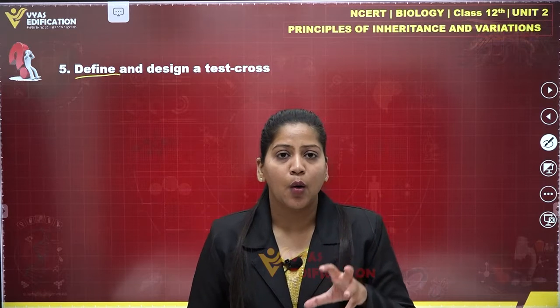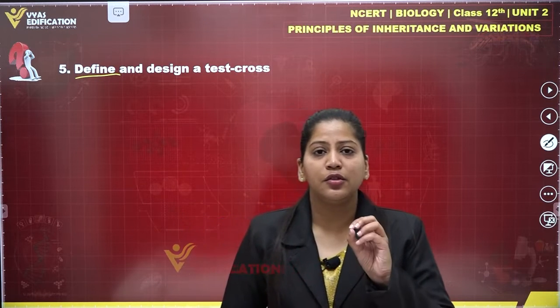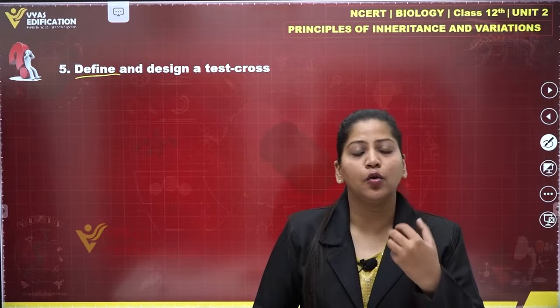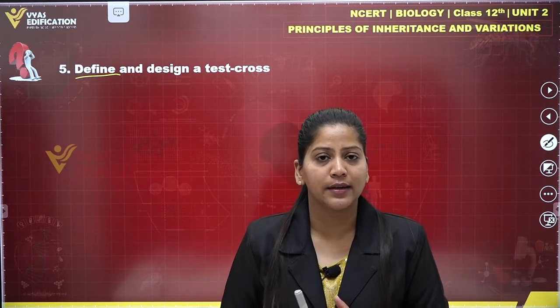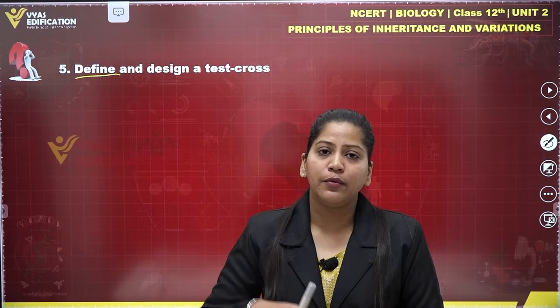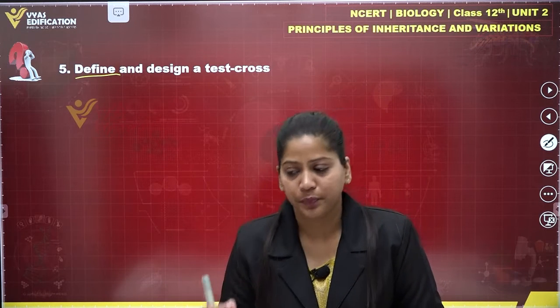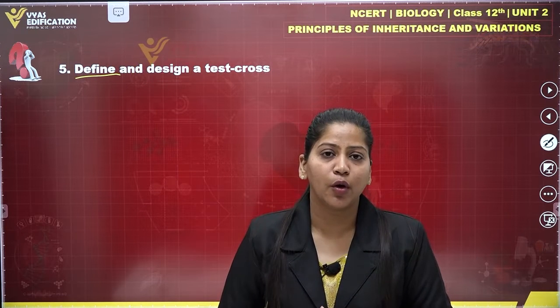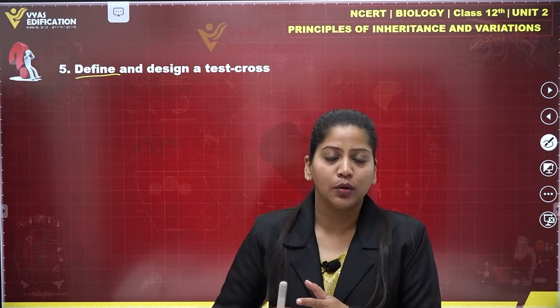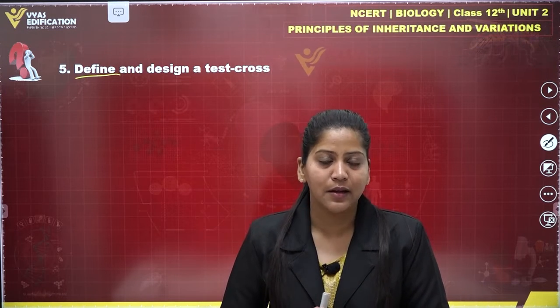Now, when an organism is showing dominance for a trait, it could be homozygous or it could be heterozygous. To examine the genotype of an organism, we use a recessive parent.